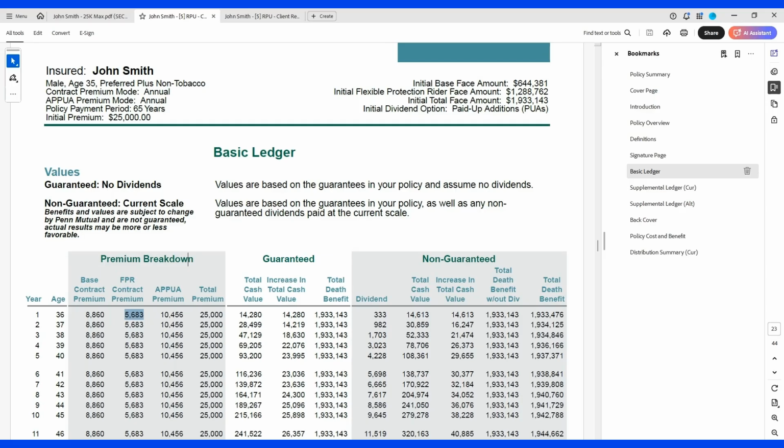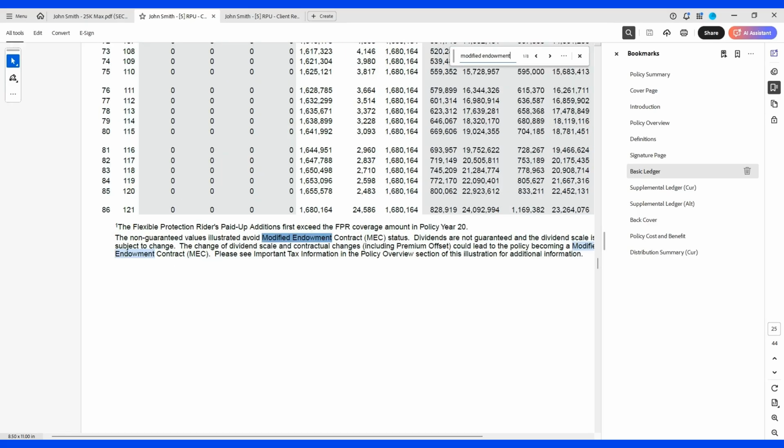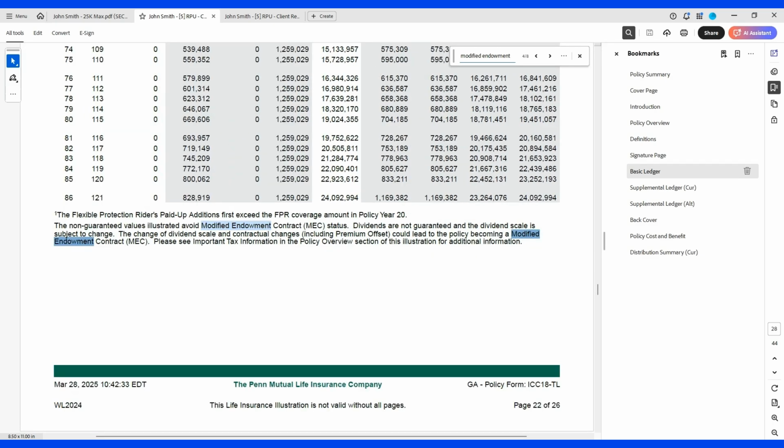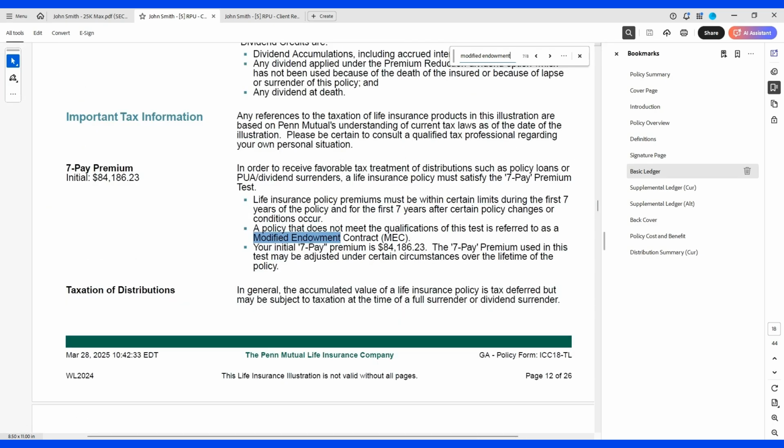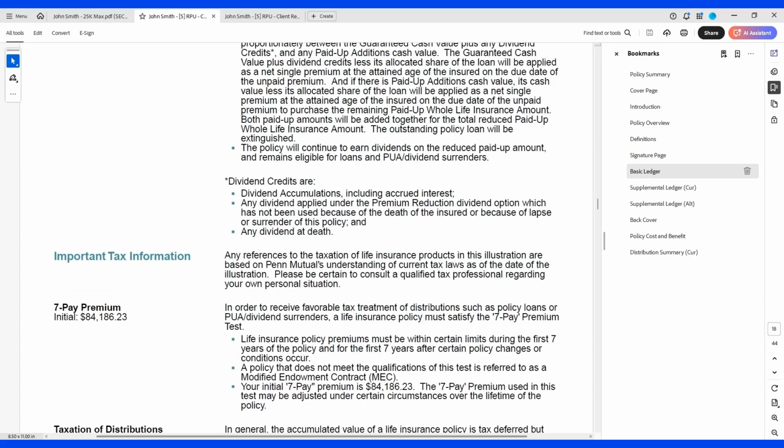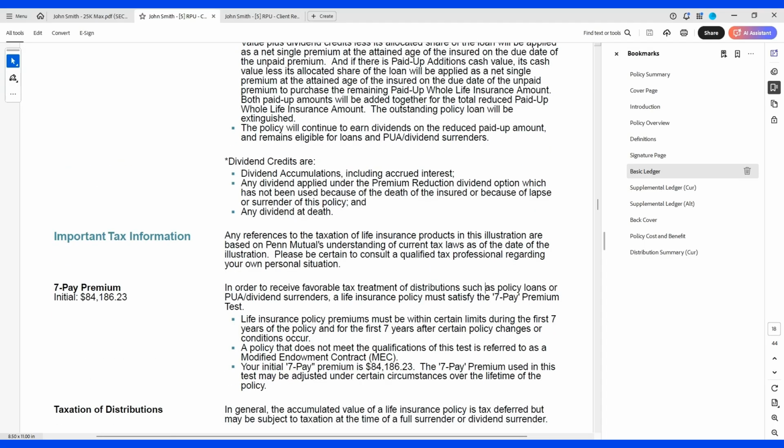And when we look at this policy, it's going to tell me it's not a MEC. It's not a MEC as illustrated. Let me see if I can find that. The non-guaranteed values illustrated avoid MEC status. In the contract, there's some very important language where it says the policy as illustrated is not a MEC, is not a modified endowment contract.